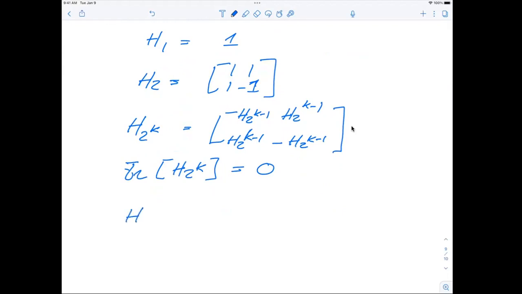If I do now H times H transpose, this is actually a matrix which is orthogonal. It would then contain n, which is now the dimensionality of the matrix, multiplied with the identity matrix. And n is just simply 2 to the power of k here, which is the dimensionality, the number of rows or the number of columns of this specific matrix.